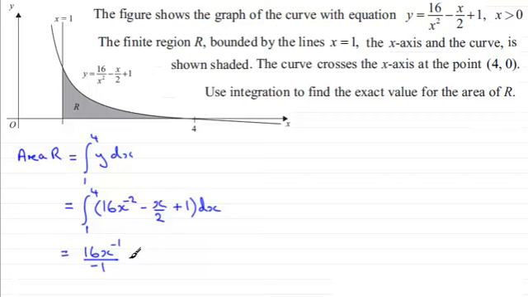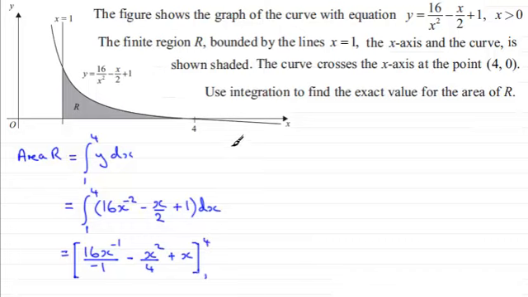So you're going to end up with minus x squared over 2 by 2, which is 4. And then the integral of a constant is going to be 1x, or simply x. We'll put it in these square brackets for the moment, with limits between 1 and 4.